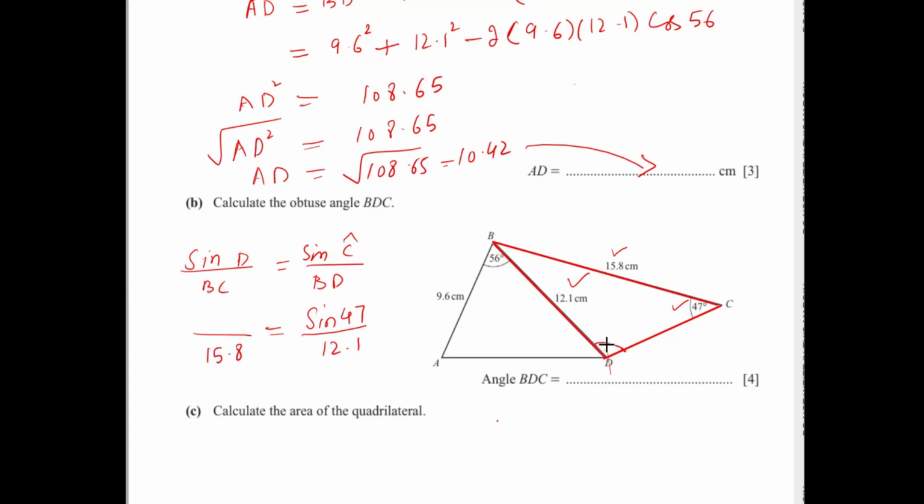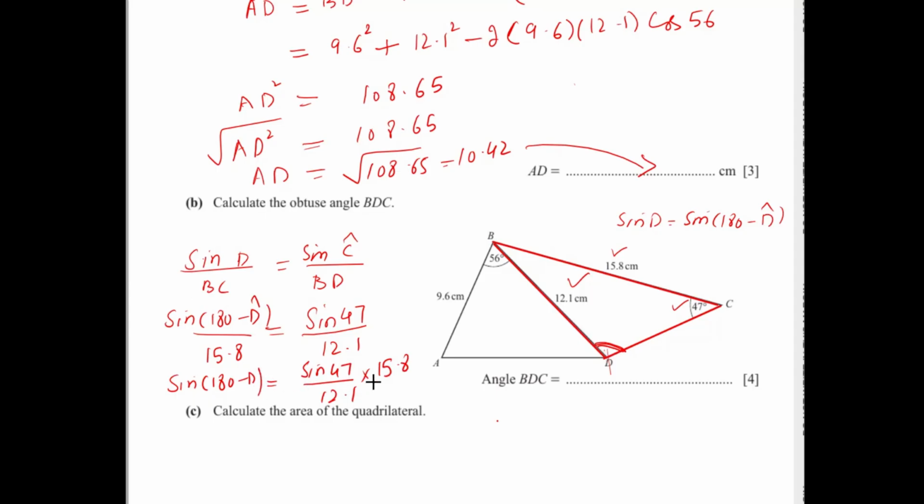And look here, this angle is an obtuse angle. Therefore, we write sine D equals sine 180 minus T, because the value of sine of an acute angle equals sine of the obtuse angle. Therefore, we write sine 180 minus T, and this sine 180 minus T equals sine 47 over 12.1 multiplied by 15.8.